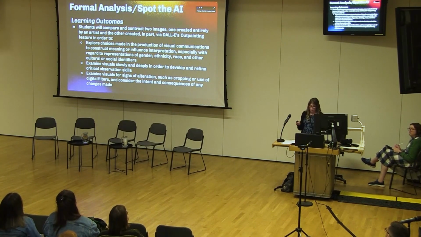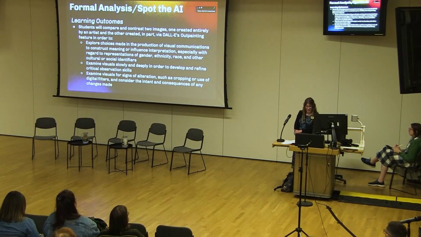Students will compare and contrast two images, one created entirely by an artist and the other created in part via DALL-E's outpainting feature, in order to explore choices made in the production of visual communications to construct meaning or influence interpretation, especially with regard to representations of gender, ethnicity, race, and other cultural or social identifiers.